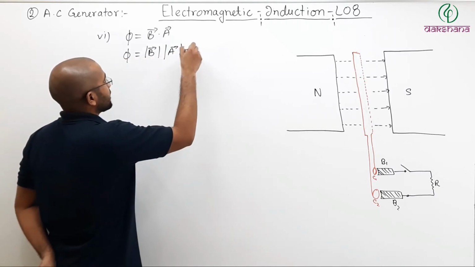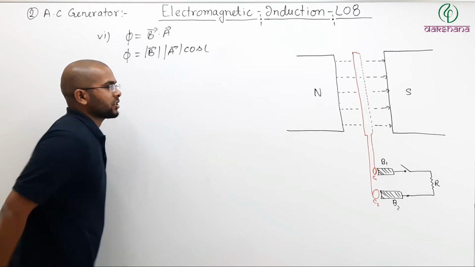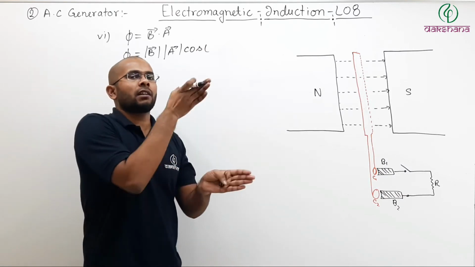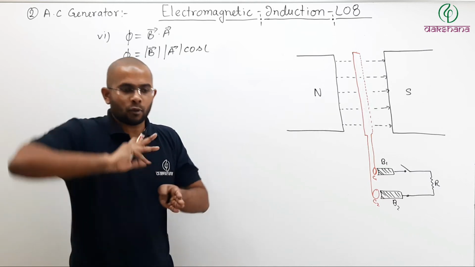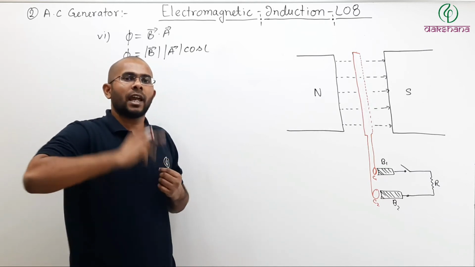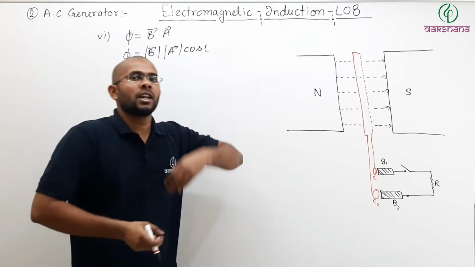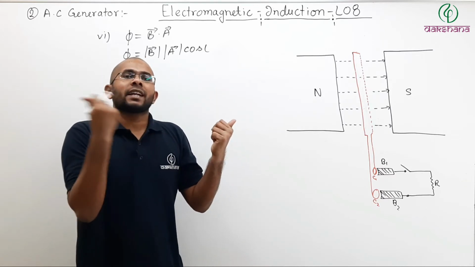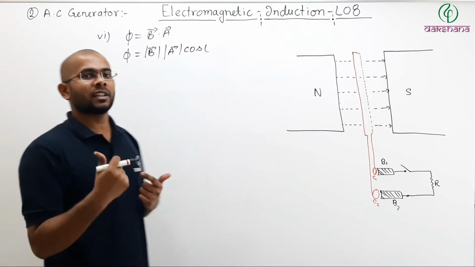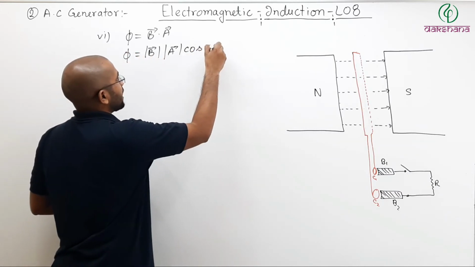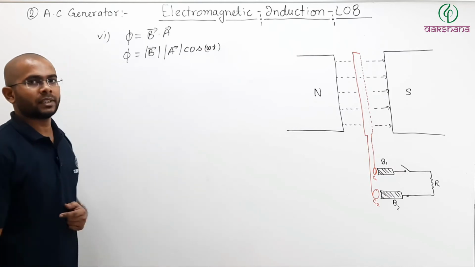So that is cos of theta. What is theta? At t equal to 0, the angle was 0. At time t, the angle is omega times t, because omega is the constant angular velocity, because of the external diesel engine, which is rotating it constantly. So that is omega times t, like this.